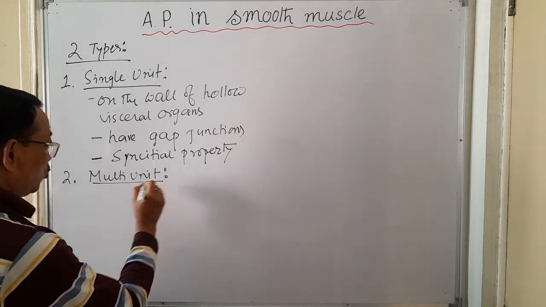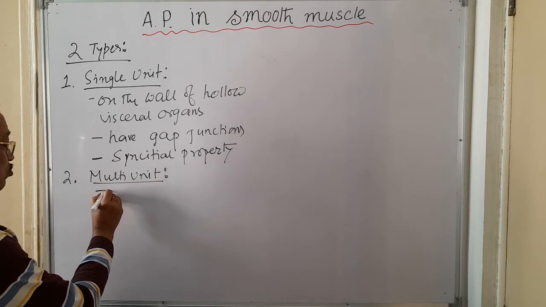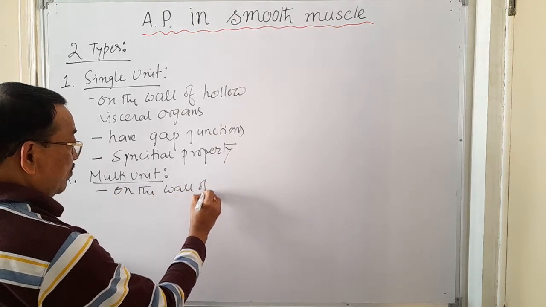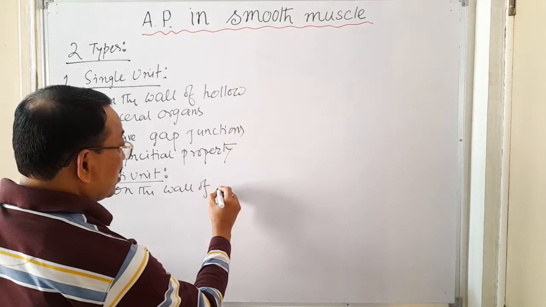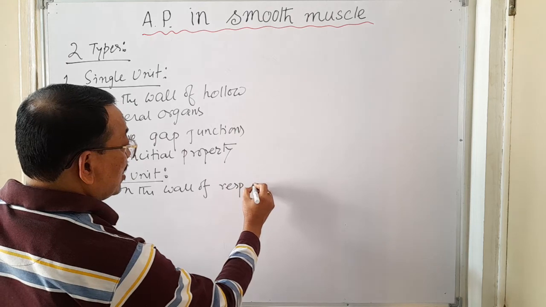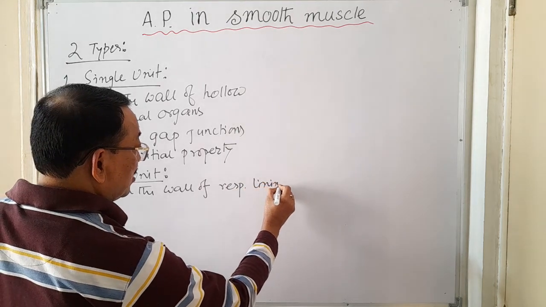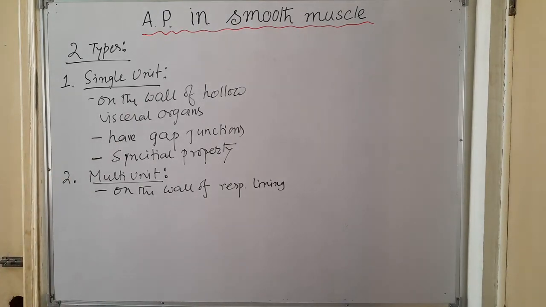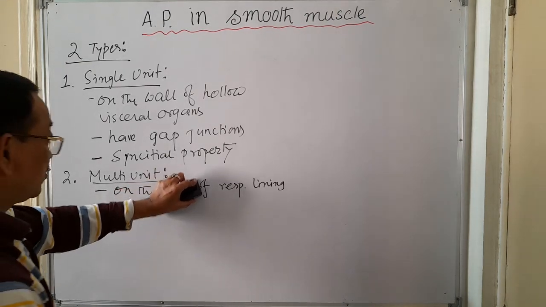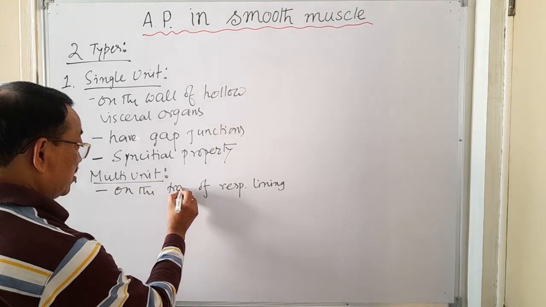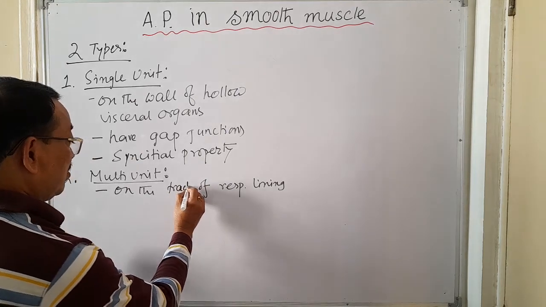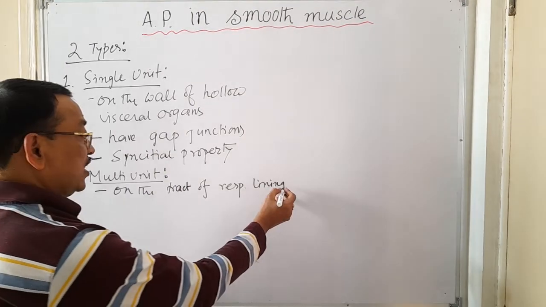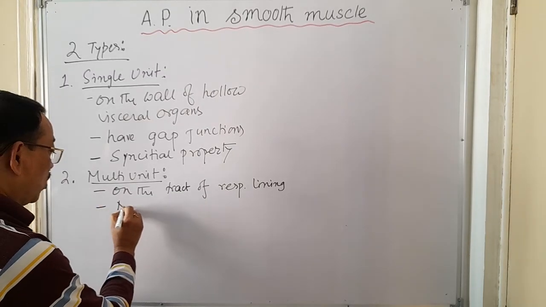Multi-unit smooth muscles are present on the wall of the respiratory linings, the tract of the respiratory linings, and these are having no gap junctions.